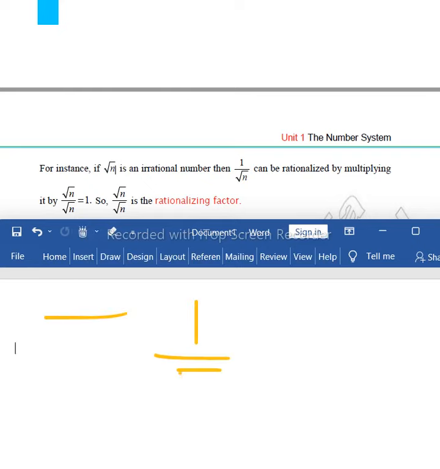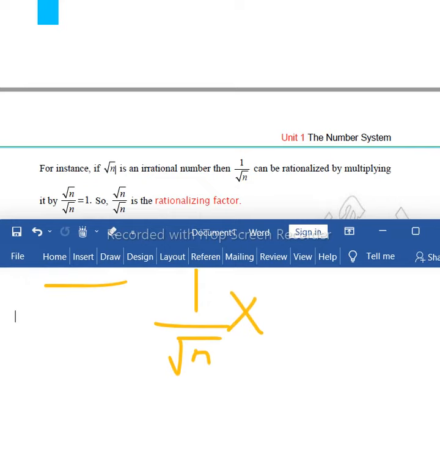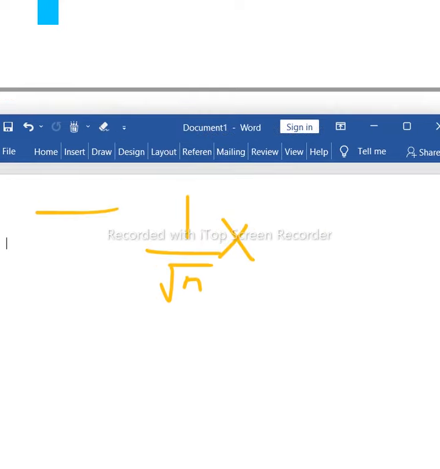Let us say we have 1 over square root of n, where n is any number. To rationalize this, we multiply by square root of n over square root of n. Then 1 times square root of n will be square root of n.